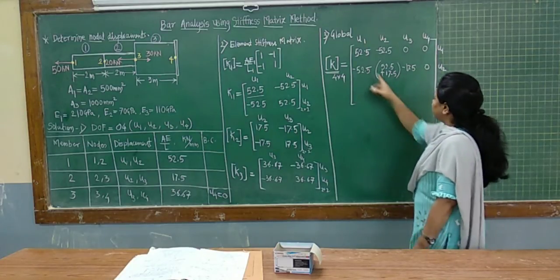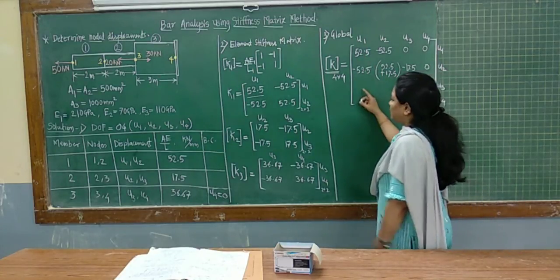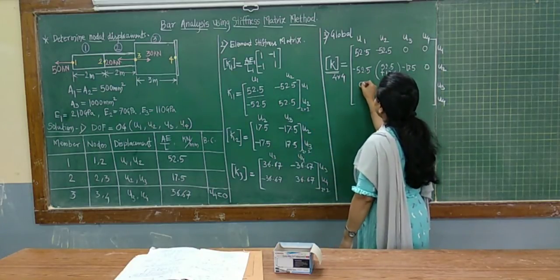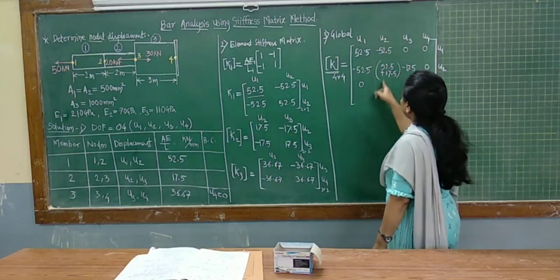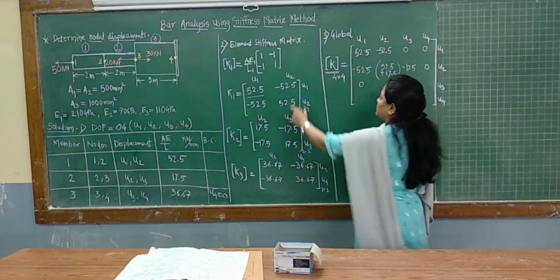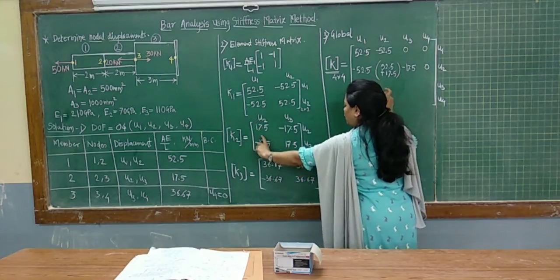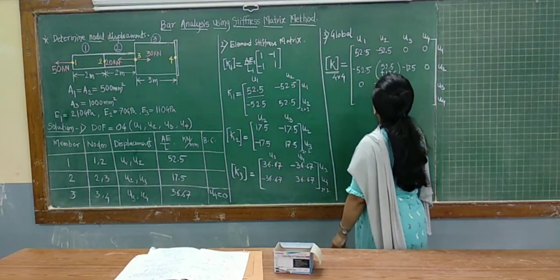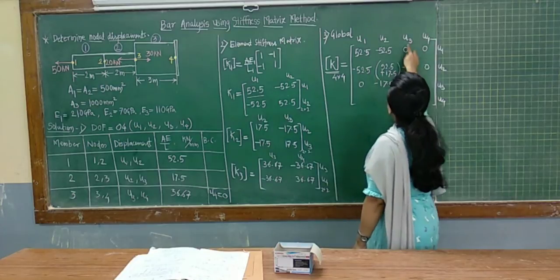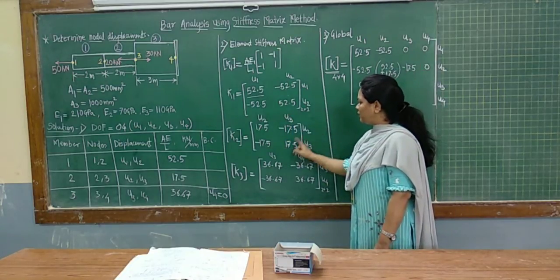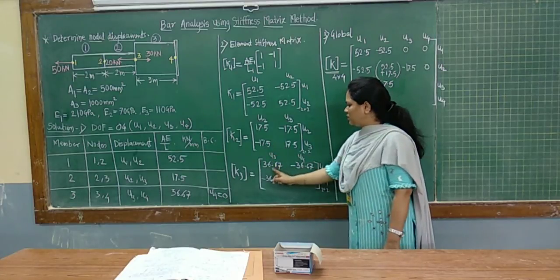Third row, we complete here. U1, U3: there is no such combination in the elements, therefore this element is 0. Then U2 column, U3 row, that is minus 17.5. U3, U3: here U3, U3 is 17.5 and also 36.67.